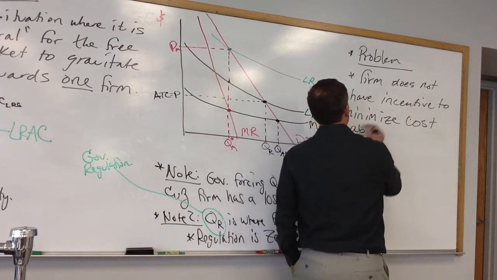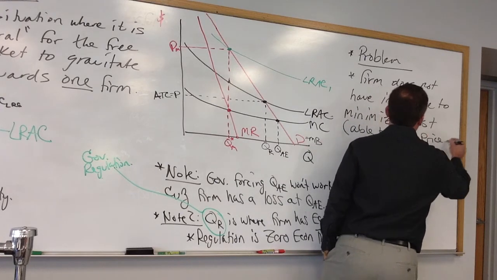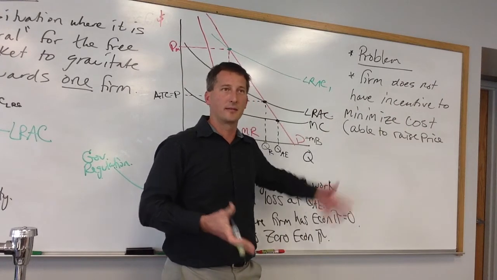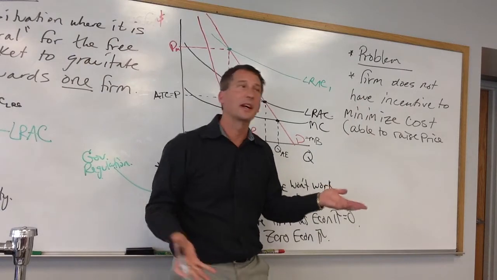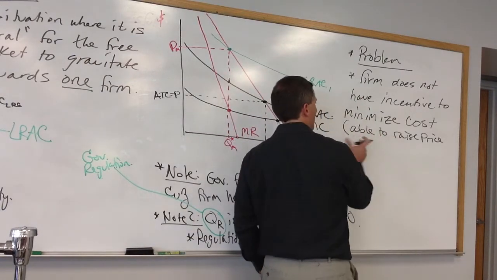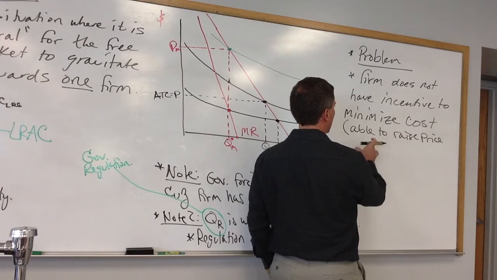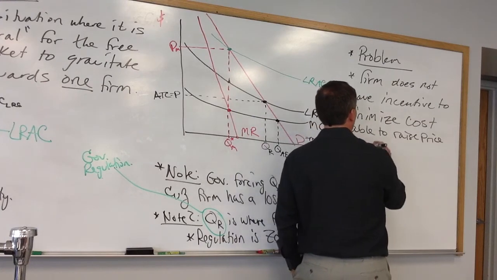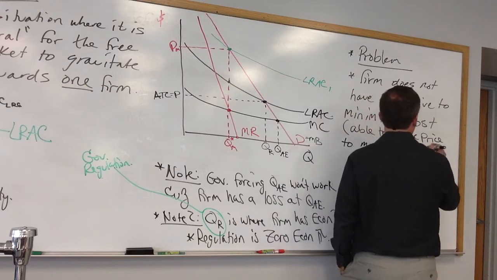And the reason is they're just able to raise price, because costs are always going up. Boy, healthcare is subject to this type of stuff, right? Well, Medicare, Medicaid, government, you can see that our costs are going up. There are not control measures that we might otherwise see in a free market to keep prices under control. So we're able to raise price to meet the quote-unquote higher costs.